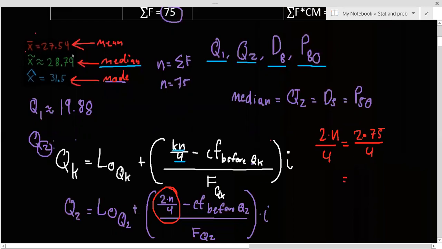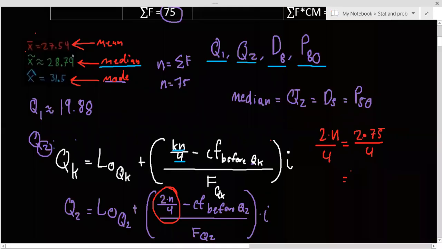So let's get our calculator, and the value for this one, that would be 37.5. Ayan. So it's 37.5.